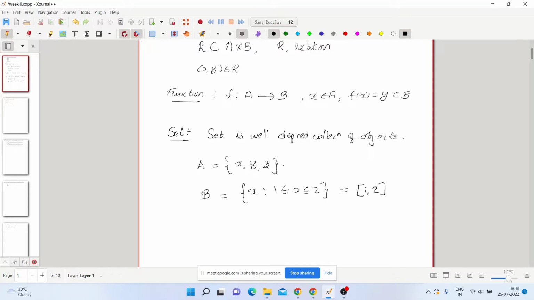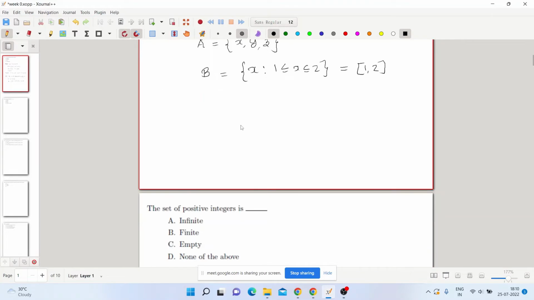So, these are all well defined. If we are able to find what all the objects inside the collection are, we can say it is a set. For example, if we are just taking the top 10 actors in India, then it is not a set because it is not well defined. So, I hope you understand what is a set.